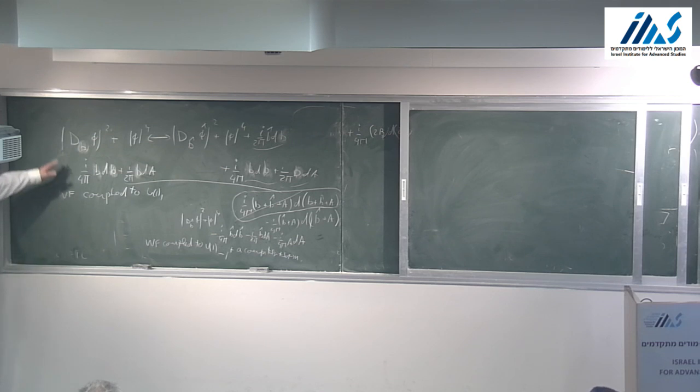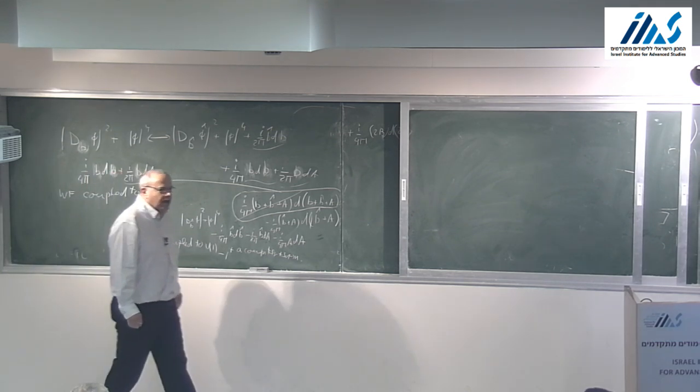So the claim is that the Wilson-Fisher theory with U1 level 1 is not time reversal invariant. That's obvious. But it flows at long distances to a time reversal invariant fixed point. We'll soon identify the theory at the fixed point. But that by itself is surprising because it means that the theory has an emergent time reversal symmetry.